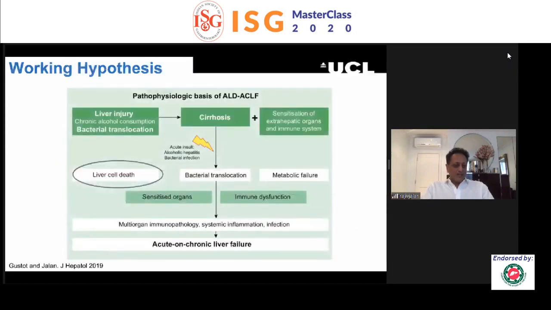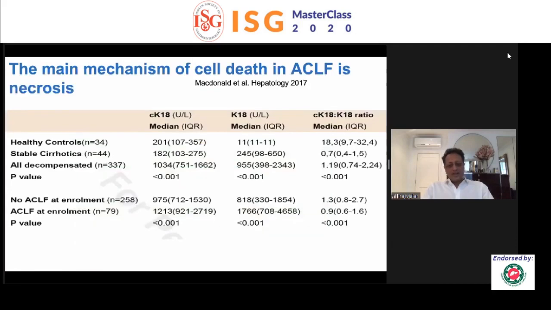Okay, so what about liver cell death? I'll just show you a couple of slides to indicate how this works. The most important thing to note here is that CK18 represents an apoptotic form of cell death. K18 is a necrotic form of cell death.